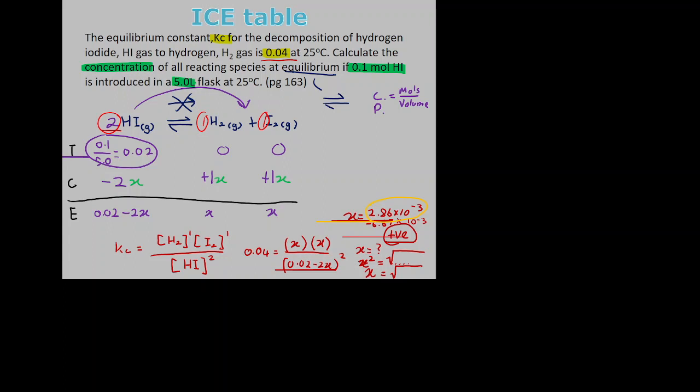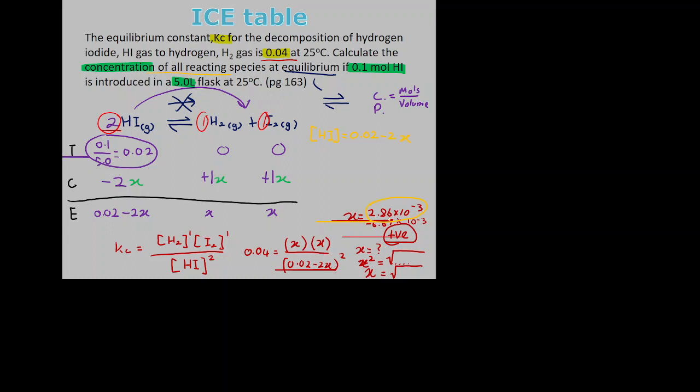So we already know the value of x. At equilibrium, the question asks to calculate the concentration of all reacting species. All reacting species does not mean reactants only, because now we also look at product. Time is up, so I will speed up. The concentration of HI at equilibrium is 0.02 minus 2x.